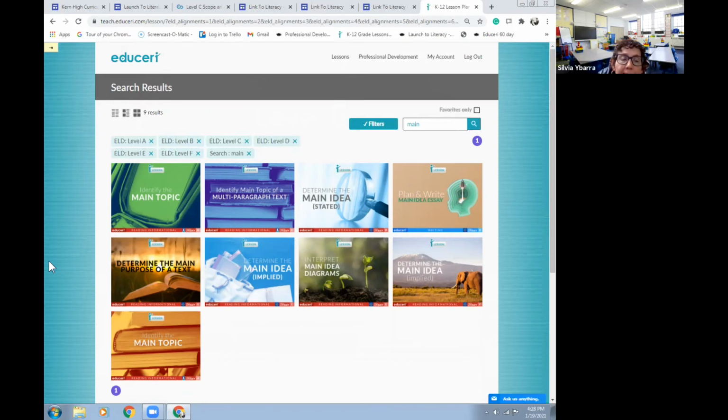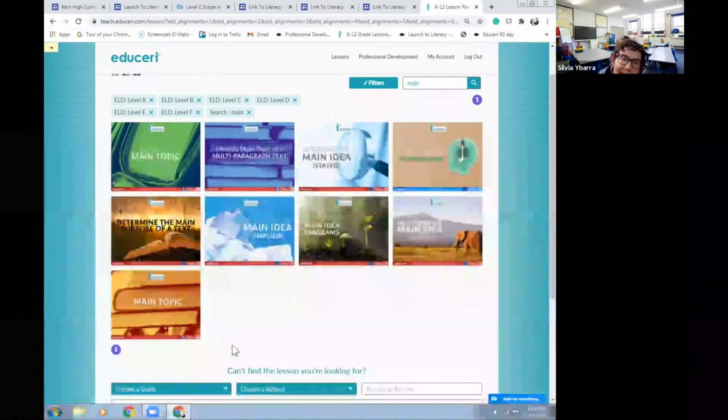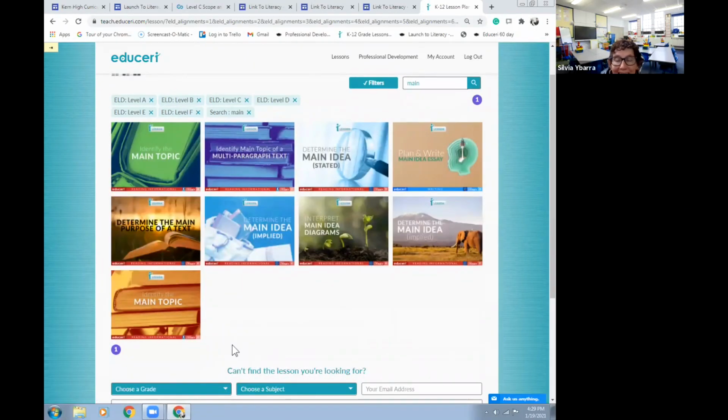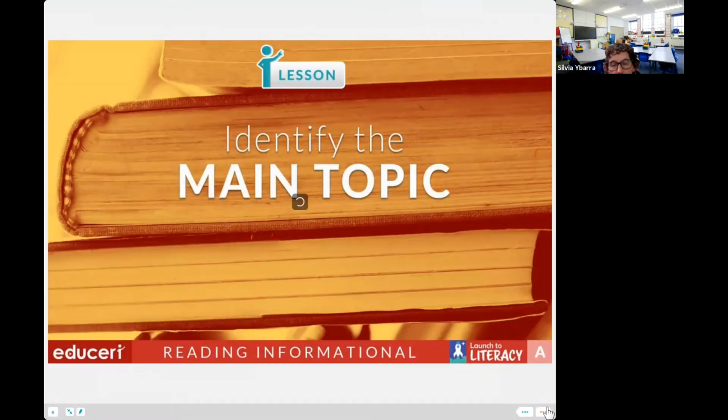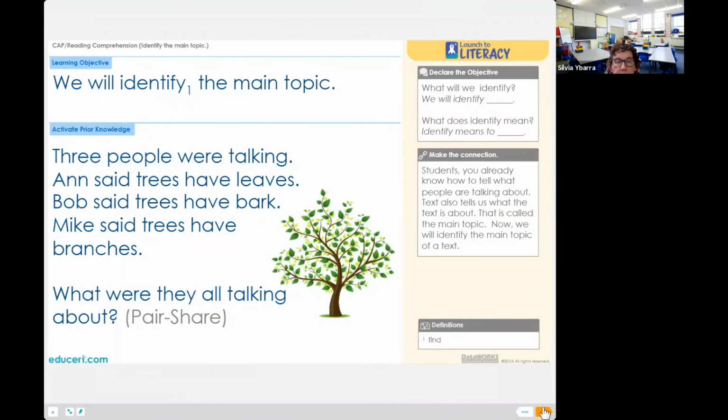If you take a look at the very beginning, the students cannot really look at the main idea, because that's the sentence that is going to tell what all the other sentences are all about. So at that level, all they can do is identify the main topic, meaning what is this passage talking about? And that's all, I promise you, that's all they're going to be able to do.